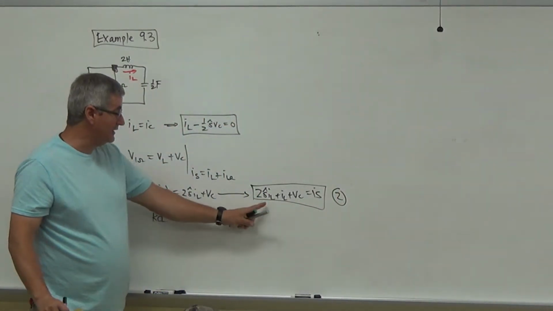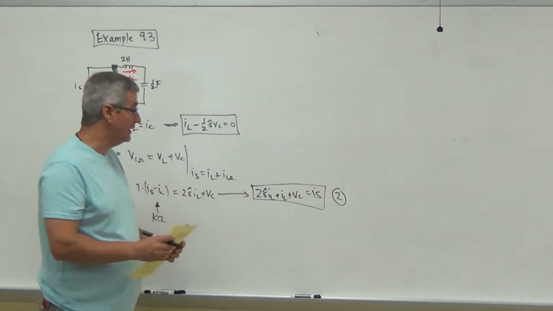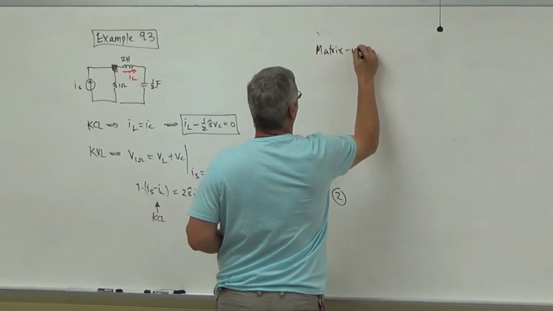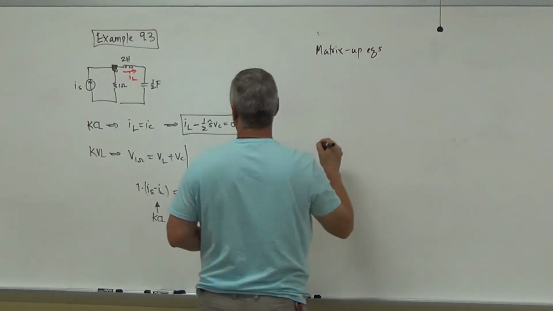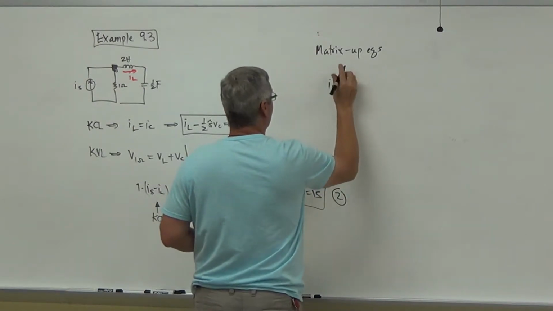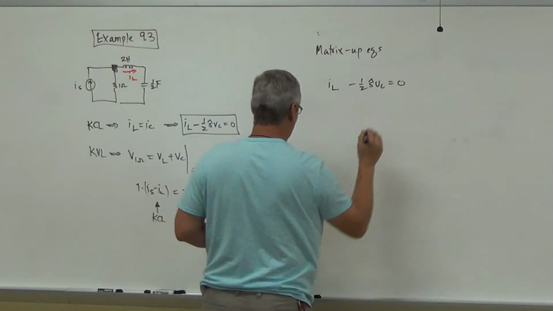This is the one that has the variable S hat IL. So now I'm going to matrix this guy. I'm going to write IL minus 1/2 S hat VC equals 0.